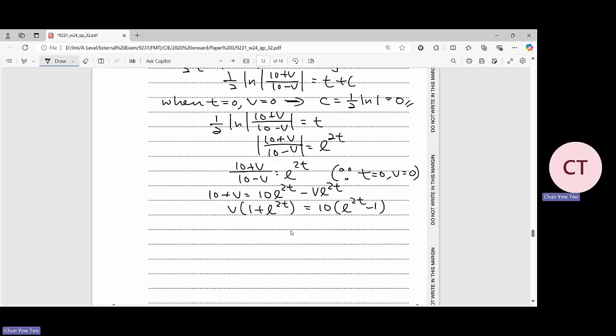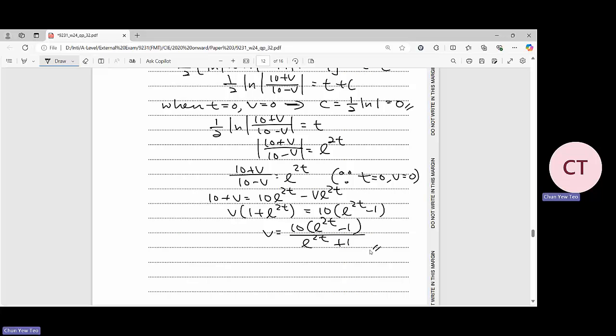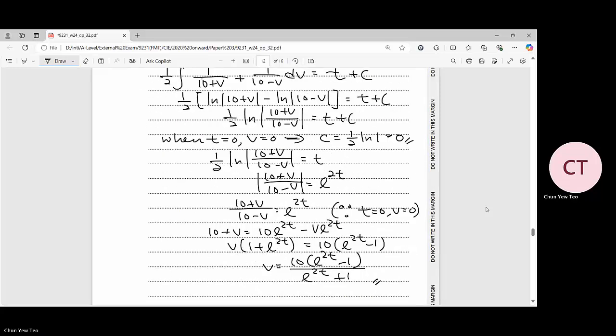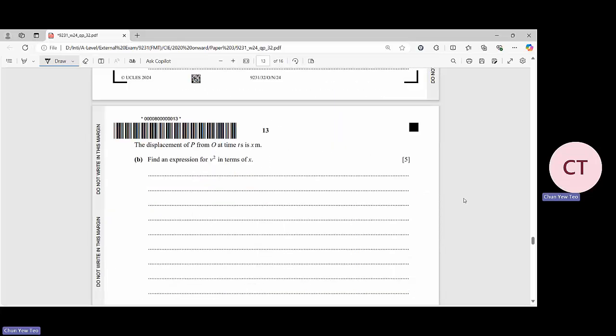Then you will have the answer v equals 10(e^(2t) - 1) over (e^(2t) + 1). That will be the answer for question number 7a. Okay, done.